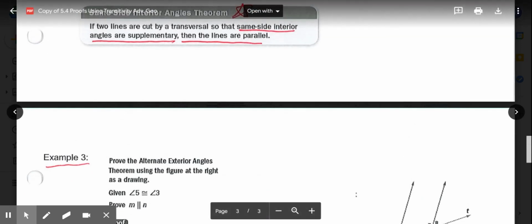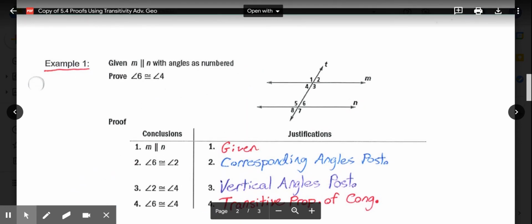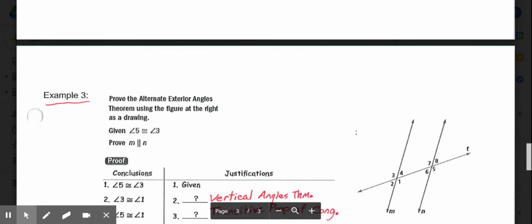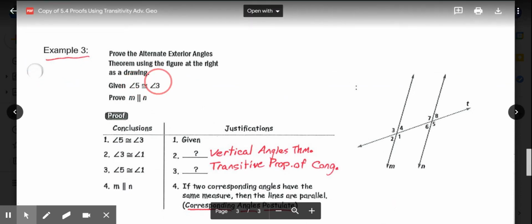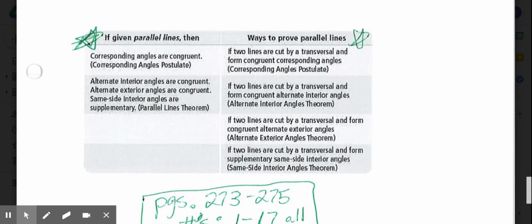So the main ideas you can see from these proofs is the idea of parallel lines and then proving a relationship amongst the angles, or using a relationship amongst the angles to prove the lines are parallel. So to help us in that process, this table here will be important.